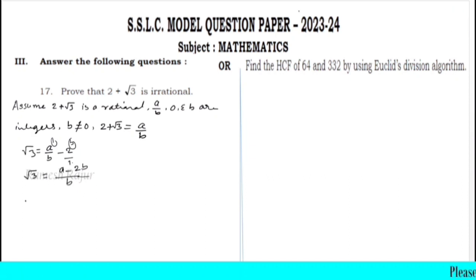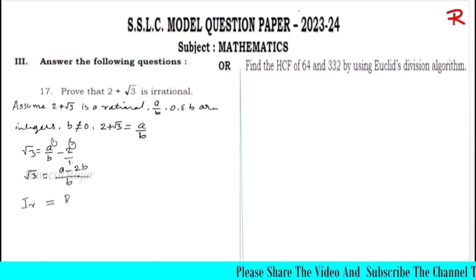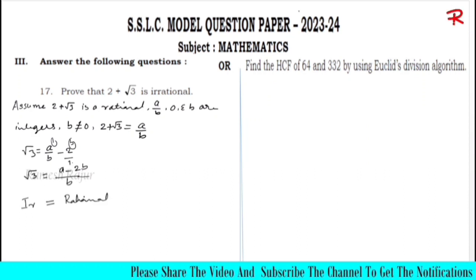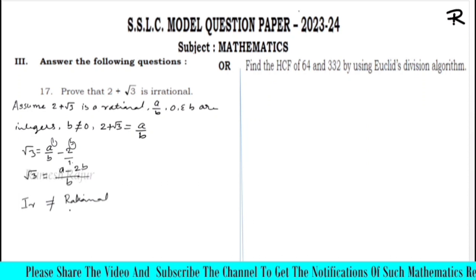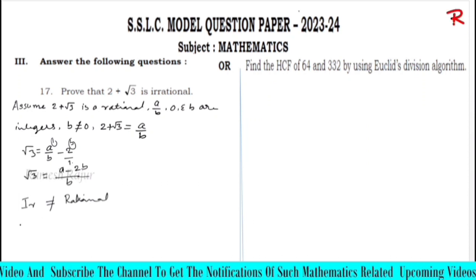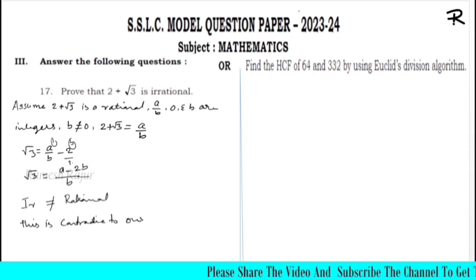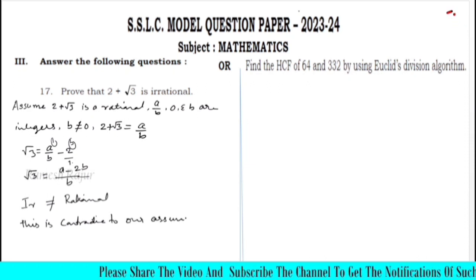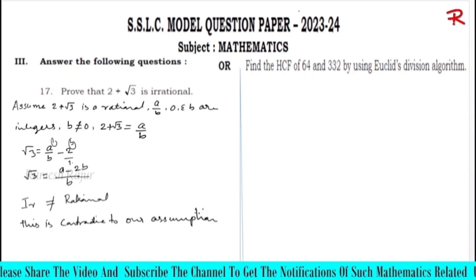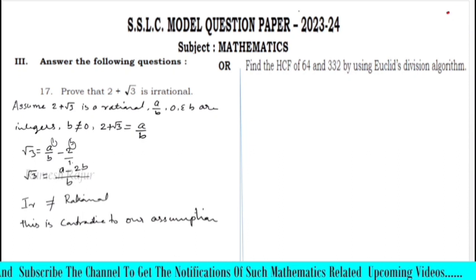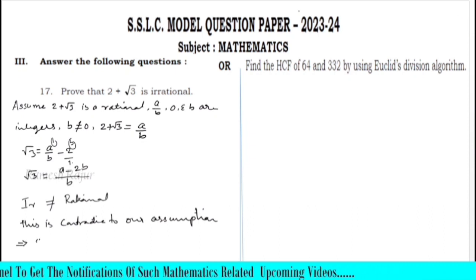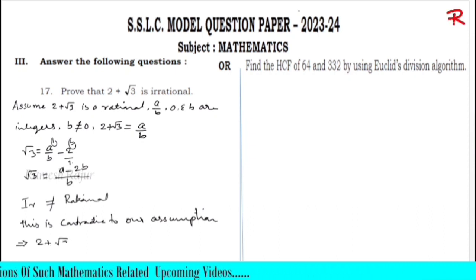Therefore, in the left hand side we have irrational, whereas in the right hand side we have rational, which contradicts our assumption. We can say that 2 plus root 3 is irrational.